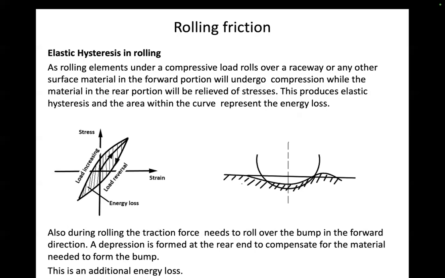And in addition to this, if you look at the figure on the right-hand side, there is a little hump on the forward portion of the rolling surface. And some energy has to be spent to go over that hump also. So obviously, this will add to the rolling force. So this is an accepted theory for the increasing rolling friction, because normally we consider that rolling friction is nearly zero.